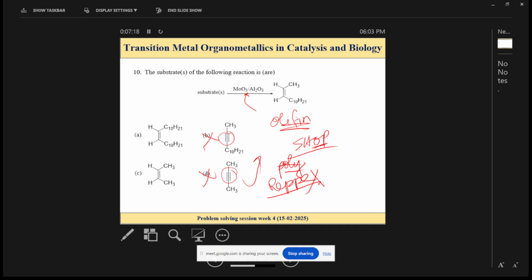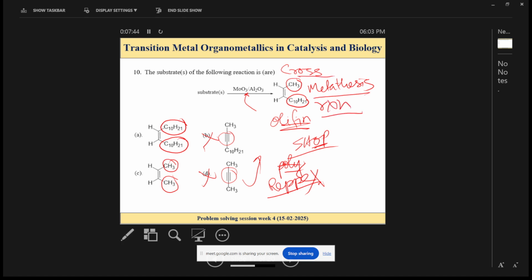If we see carefully, we have C10H21 and CH3, and this is an example of a cross metathesis reaction.